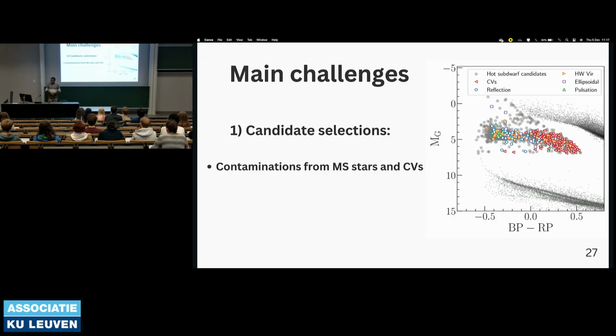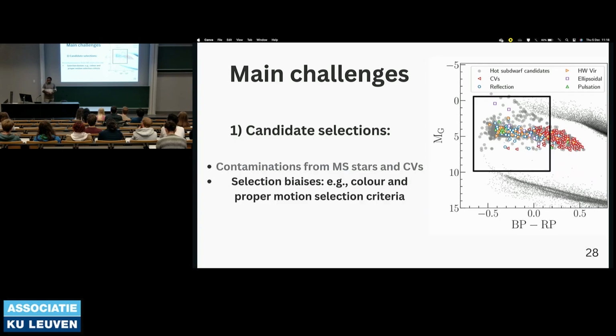There are also challenges in selecting candidates, as we saw earlier, especially for hot subdwarfs, because many of them are contaminated by main sequence stars and CVs. And as you can see in this figure, the CVs, the left triangles on the right, are mixed with the other variable hot subdwarfs. So it's very hard to classify them just based on this diagram.